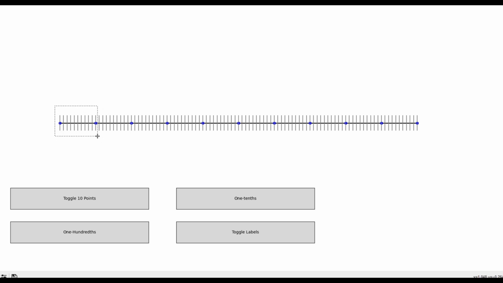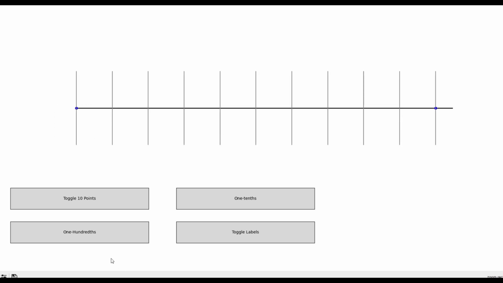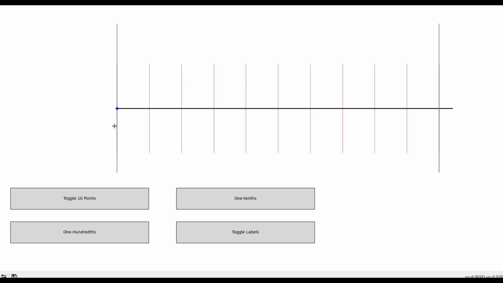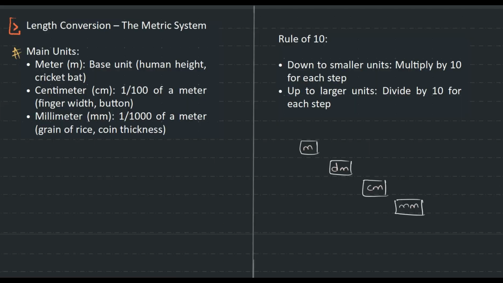So now we are looking at a 10 centimeter length. Further, if I divide it into 10 more parts, each of these lengths will be 1 millimeter. That is one thing that you need to keep in mind. A meter is 100 times a centimeter and 1000 times a millimeter. Don't worry, we'll learn this, but this is something that you guys need to know.